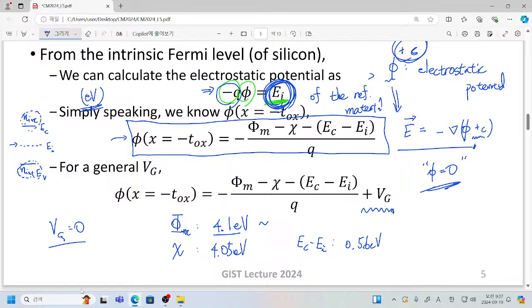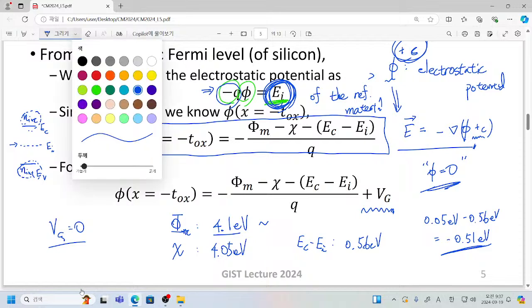When you calculate that value, you will have 0.0 eV minus 0.56 eV, so minus 0.51 eV will be the energy level of the intrinsic Fermi level of silicon in this problem. Okay, so are you with me?